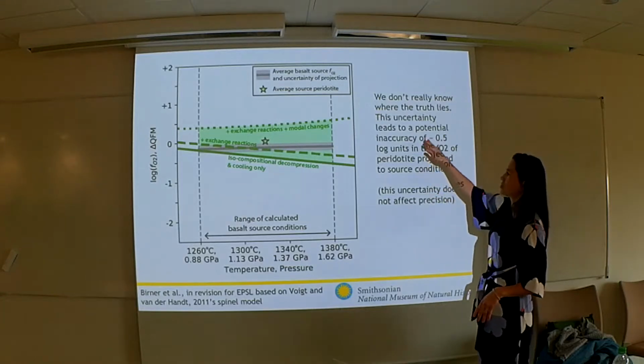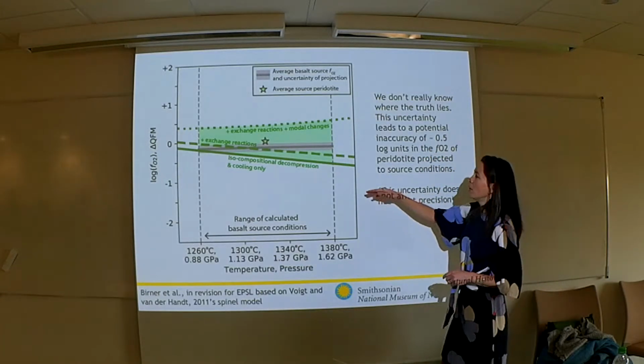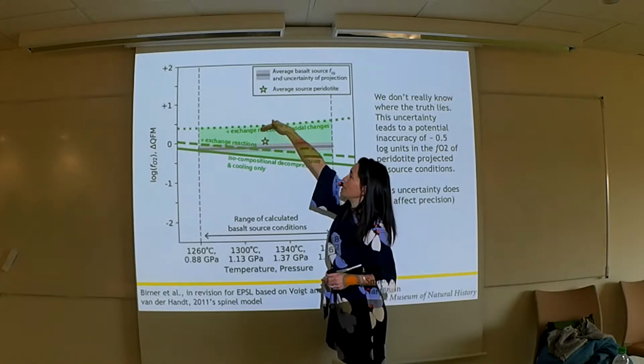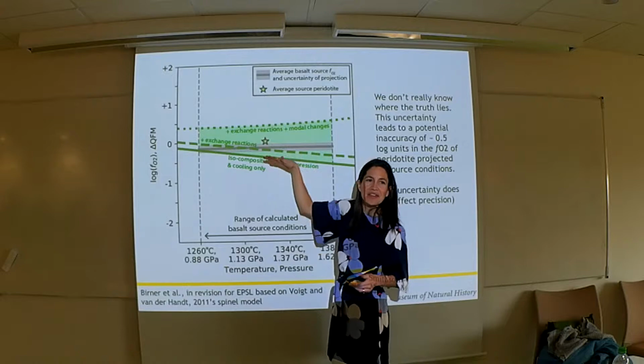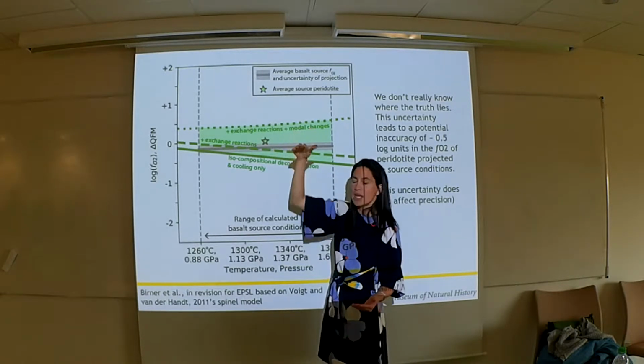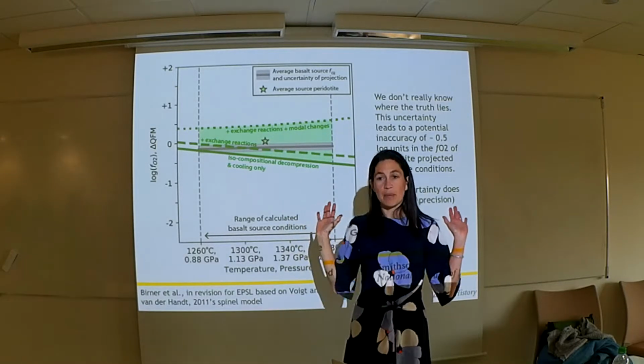So we've just said, let's pick the middle between here and here. We think the actual truth is somewhere between these two extremes. But there's going to be some inaccuracy of about a half a log unit that we can't resolve right now.